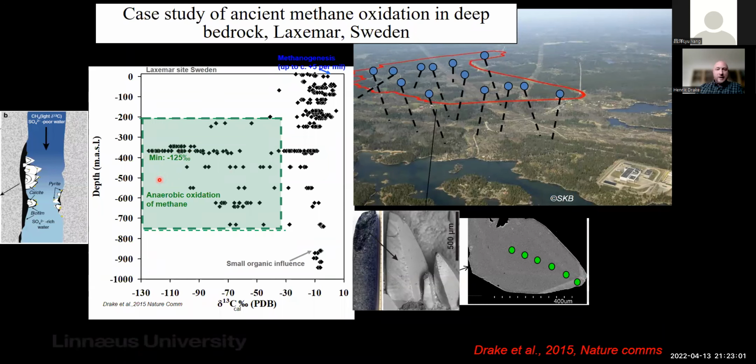But this reflects anaerobic oxidation of methane. It cannot be anything else, really. And it's also a methane that probably is microbial in origin. And below this zone of 200 to 750 meters, there are no such values. These are different boreholes, but it might reflect a sulfate methane transition zone.